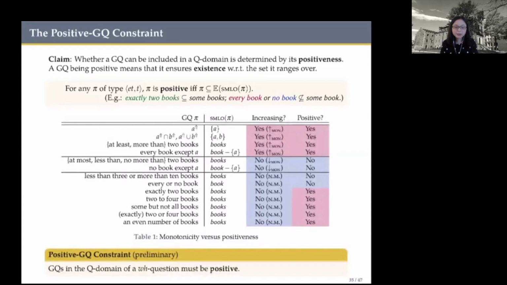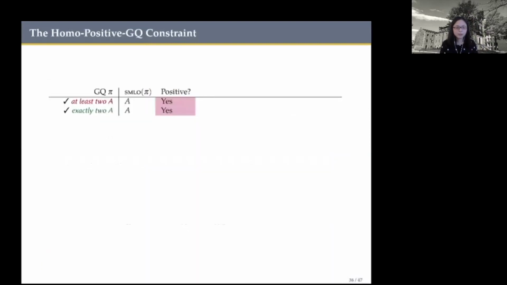So the preliminary idea is that there's a positive GQ constraint which says generalized quantifiers in the Q domain of the adaptive question must be positive. So far, with the positive GQ constraint, we have successfully ruled in the increasing quantifier at least 2 A, and the non-monotonic quantifier exactly 2 A. And both of them ensure existence with respect to some element in A.